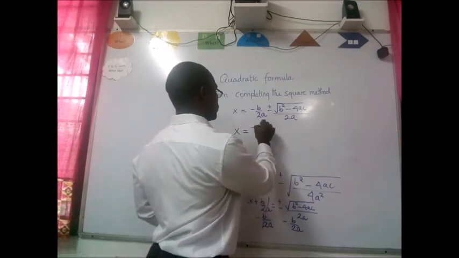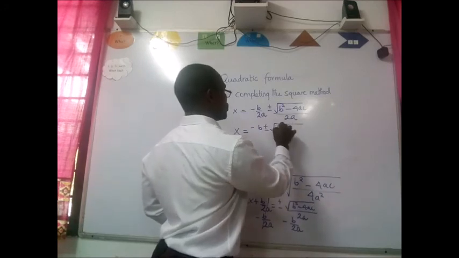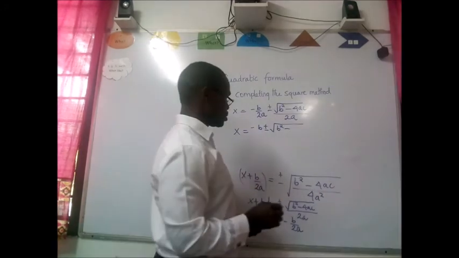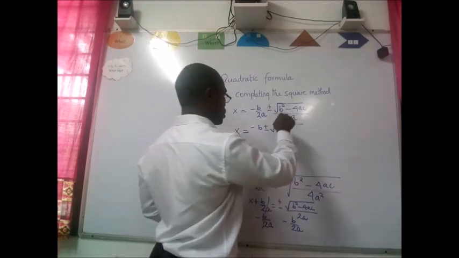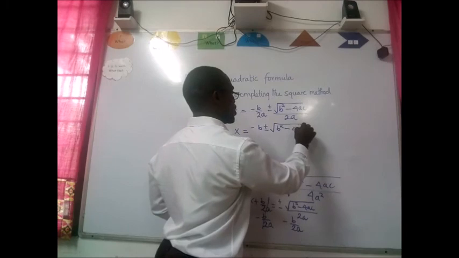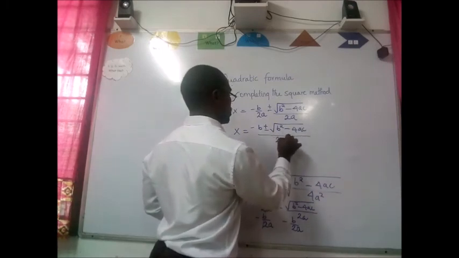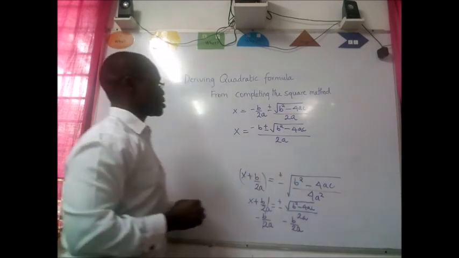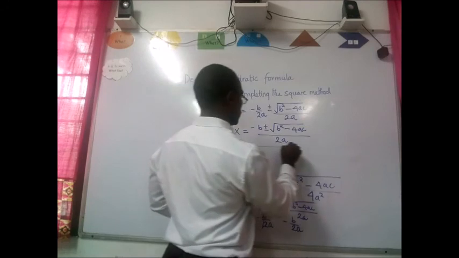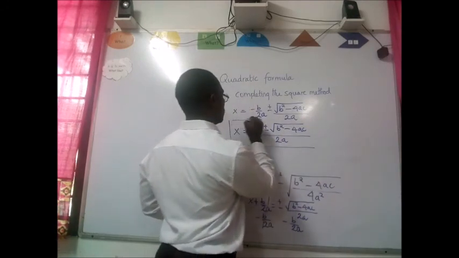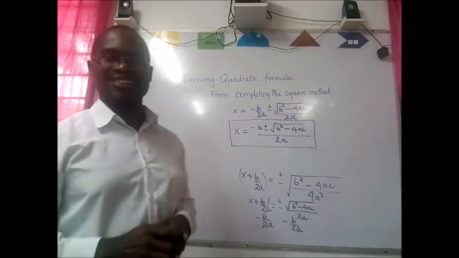So we say negative b plus or minus the square root of b squared minus 4ac divided by 2a. So now you can see this is our formula. Until here, this is our formula. Okay, so that's it.